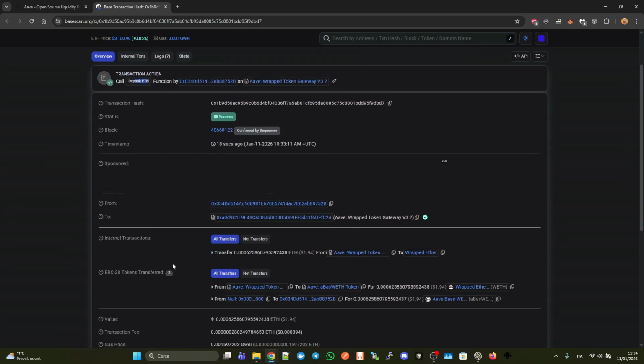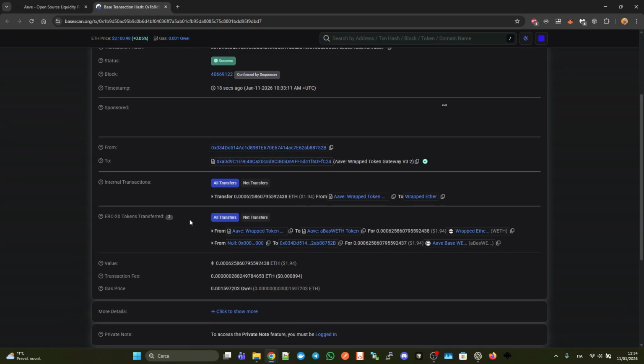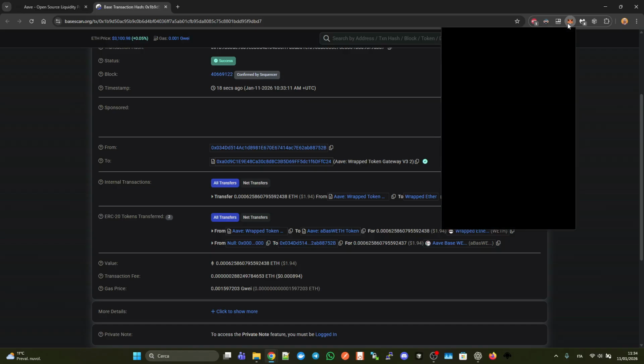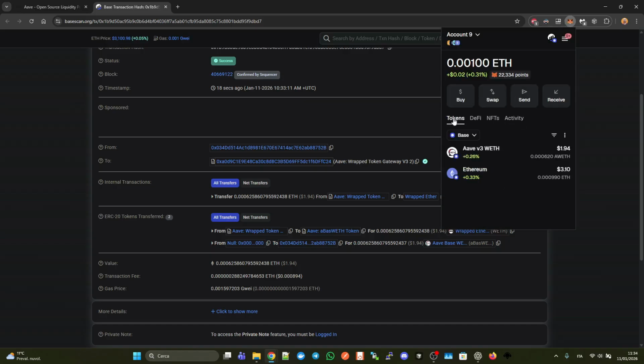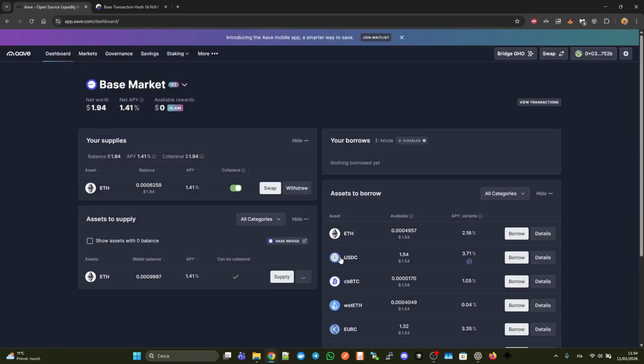Okay, that basically does two things. The first thing is that it gives us this Aave Base WETH, and it takes the wrapped ether. So if I go to my portfolio, I can see that now I have an equal amount of the ETH that I have deposited in the platform.